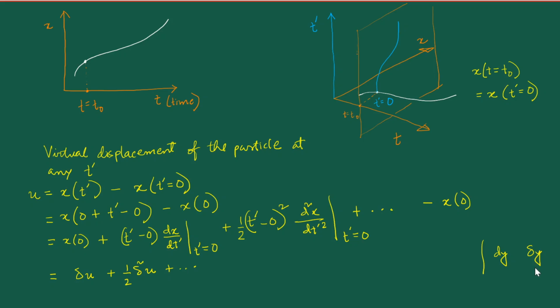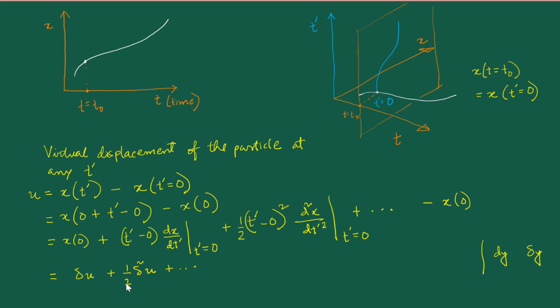In those discussions, our independent variable was x. Here, the independent variable is t, and it is x which corresponds to what was y in those discussions. I hope you all understand why this delta operator, the variational operator, makes sense here.